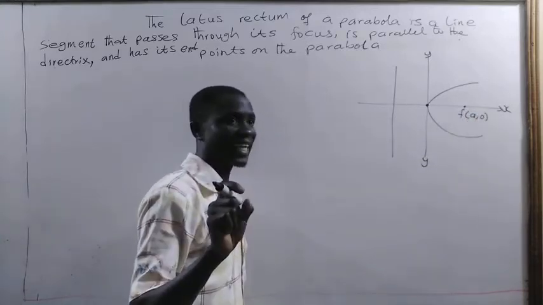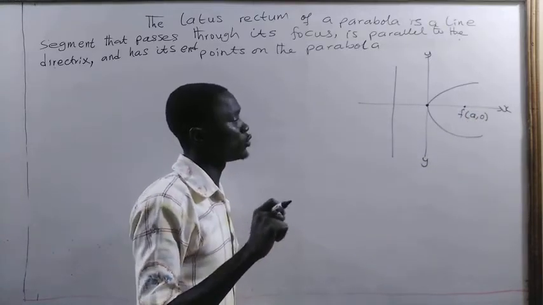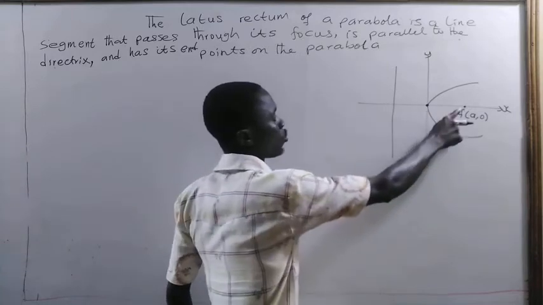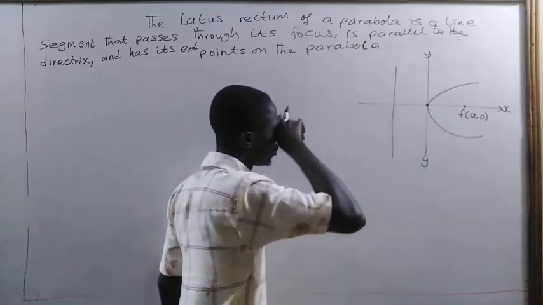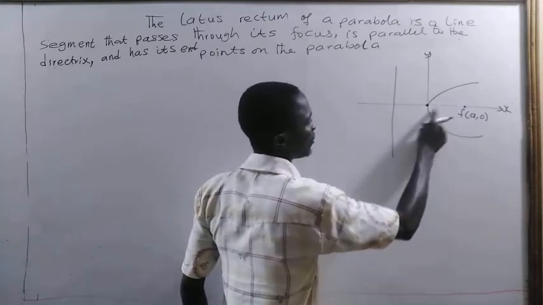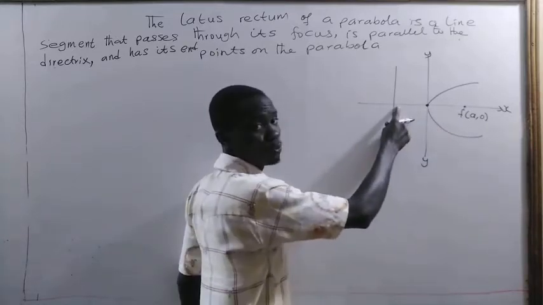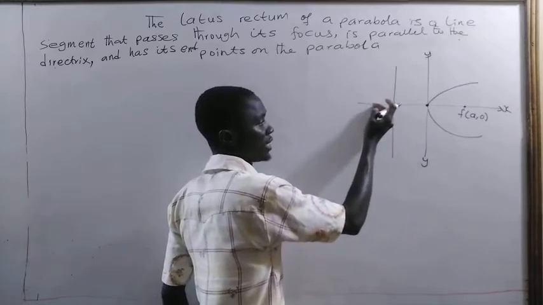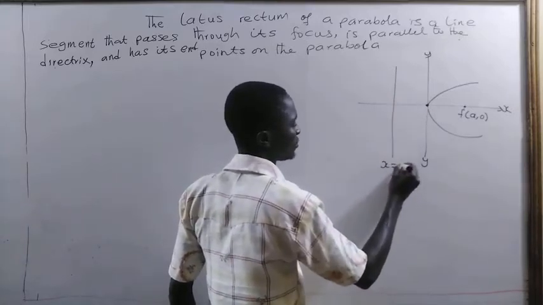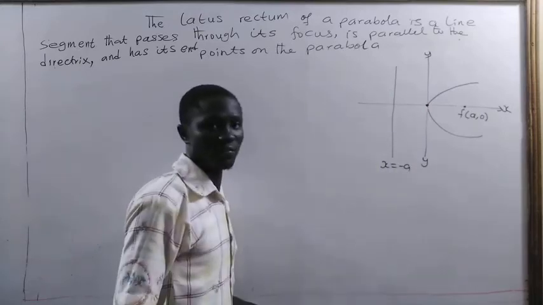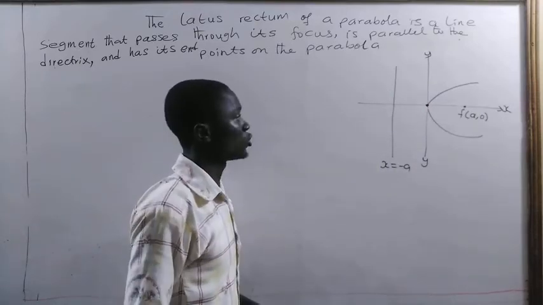But we've said that the distance between the vertex and the focus is the same as the distance between the vertex and the directrix. So, if here is a, from here to here will also be a. But since we are on the negative x-axis, the point here will give us negative a. Very simple as that.